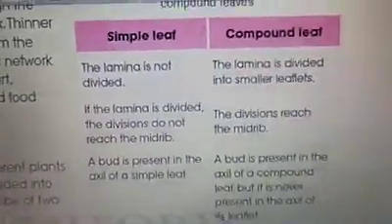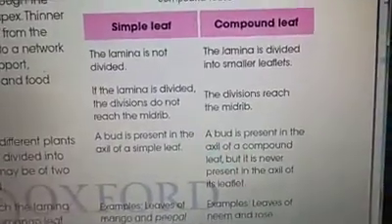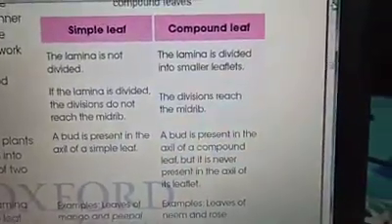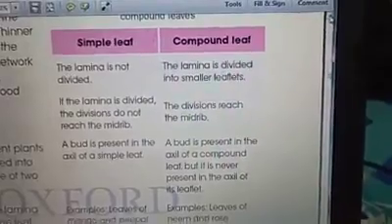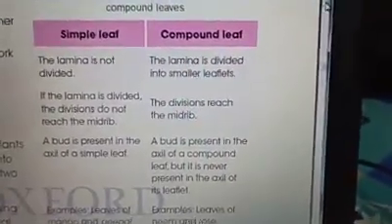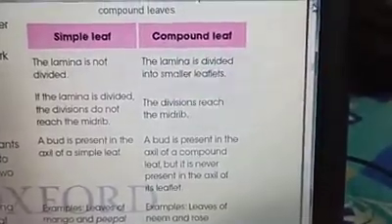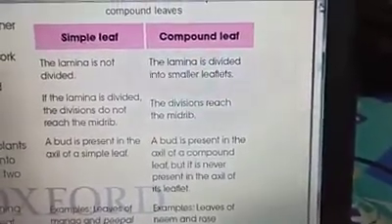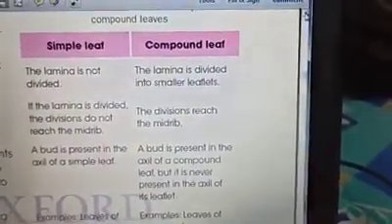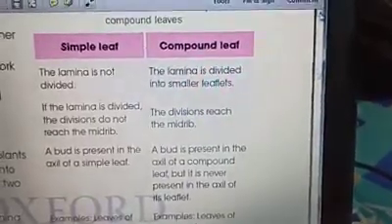Now you have to read about the difference between simple leaf and compound leaf, which is also very important for your examination. So just note down the differences. In a simple leaf, the lamina is not divided, and in a compound leaf, the lamina is divided.